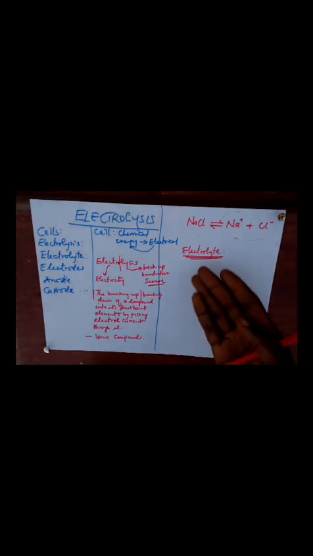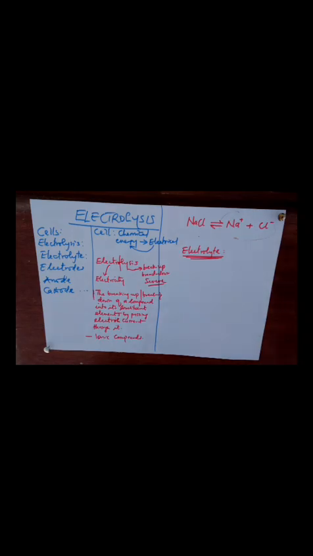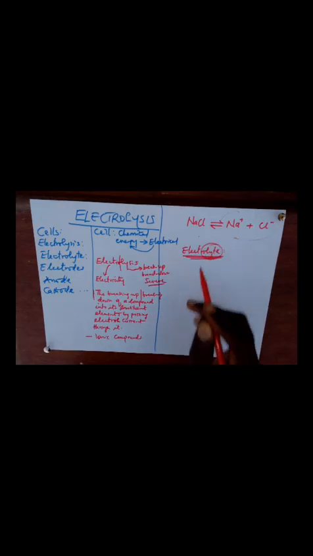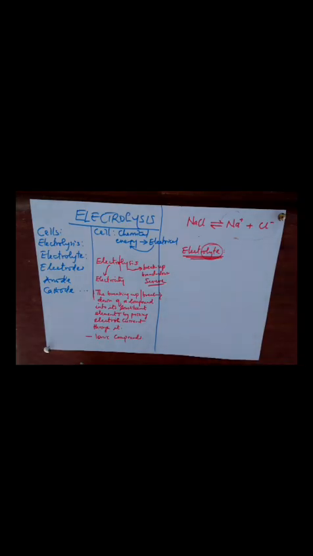So mostly it is water that we're talking about. So an electrolyte is a solution of an ionic salt which will allow the easy passage of electricity through it. Electrolyte, a solution of a salt which allows electric current to pass through it. An example is, of course, a solution of sodium chloride, brine, a solution of any other ionic salt that is soluble in water will form an excellent electrolyte.